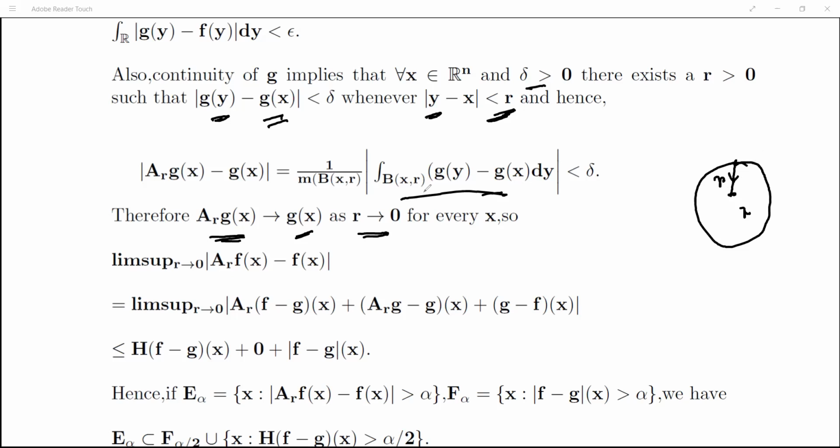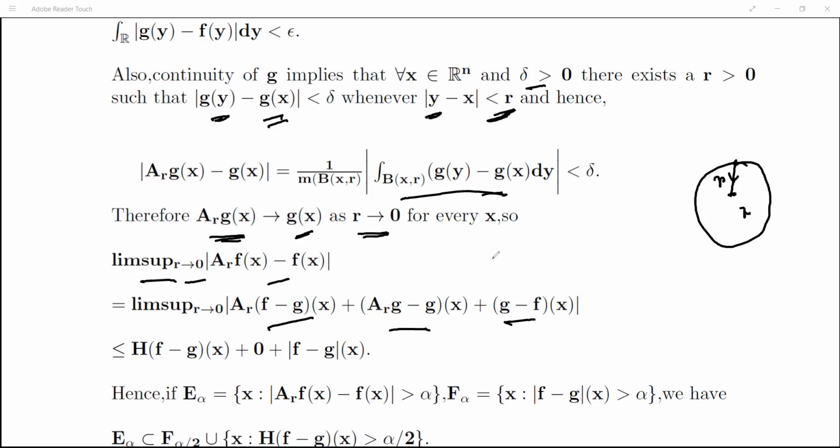But we want to show it for f, for almost every x. So for that, we try to estimate this quantity, the limsup of |A_r f minus f| as r goes to 0. Then use the triangle inequality. So you write this as A_r(f minus g), then A_r g minus g, then g minus f.